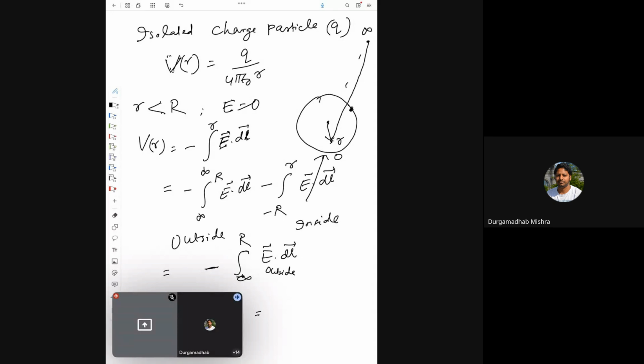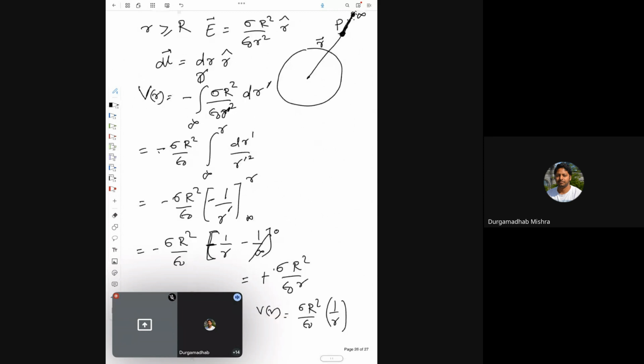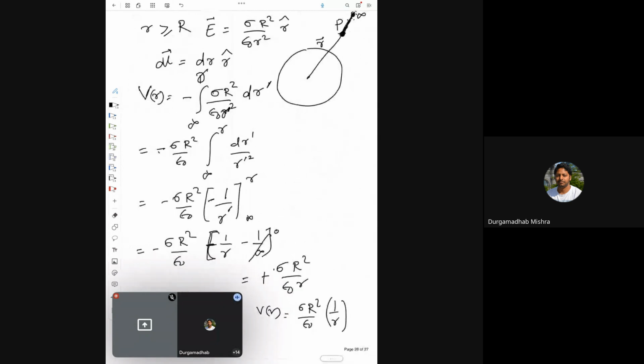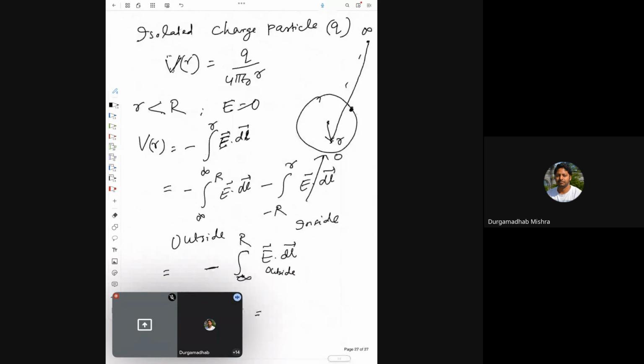So it will be exactly the same as what we calculated in this case. Only thing, now the limit of the integration is not from small r but up to capital R. So the value of V(R) will be equal to sigma R squared by epsilon naught.